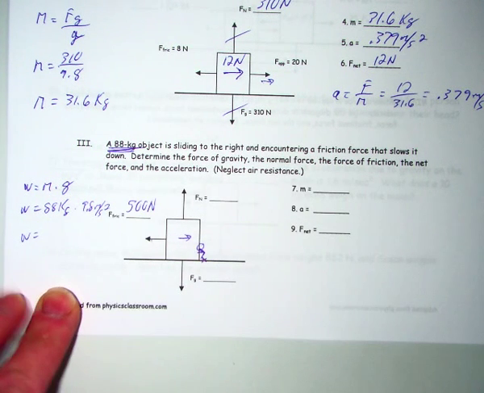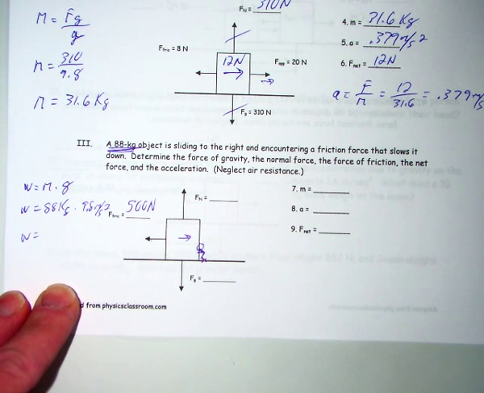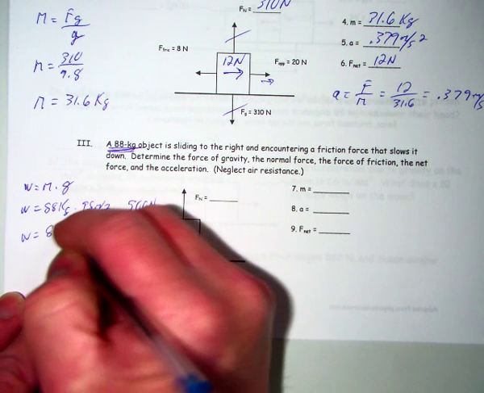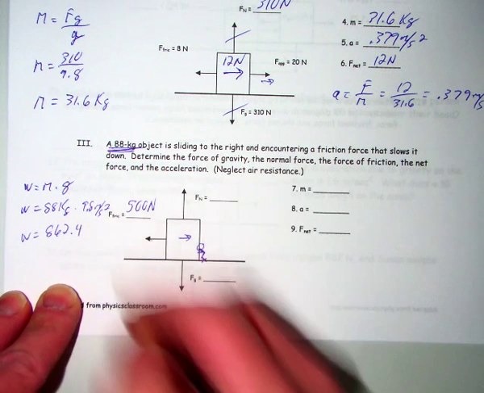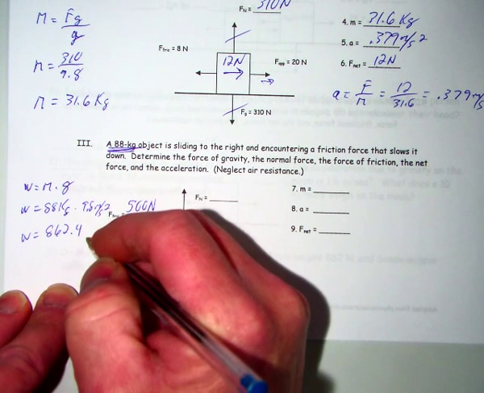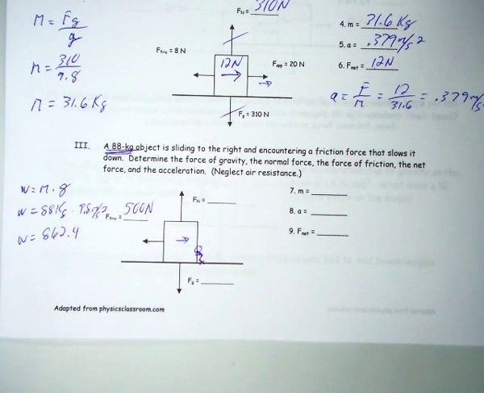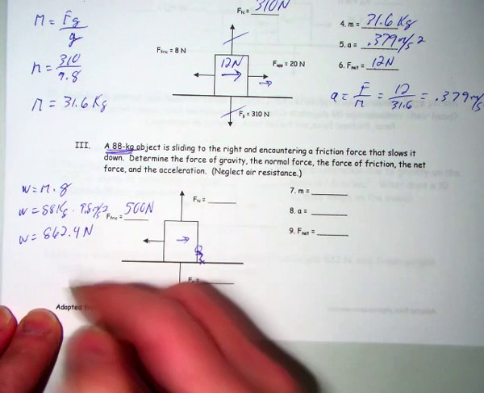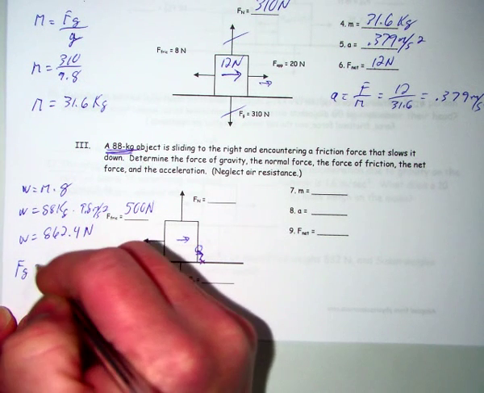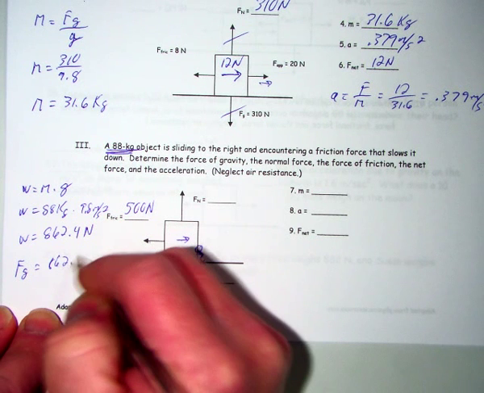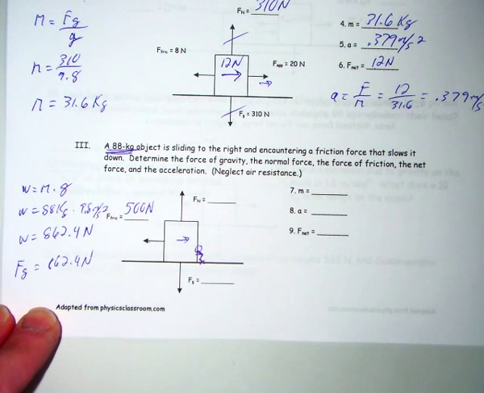So somebody tell me, what is that number? It's 862.4. And what's the unit of force? Newtons. I could write that as F sub g is 862.4 newtons, because that's the force of gravity.